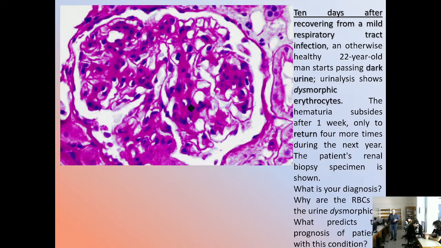This is one layer of epithelial cells, and the other one is the podocytes, which are located on the outer surface of the glomerular basement membrane. So this is the extracapillary compartment of the glomerulus. When we see many cells there, of epithelial origin, we identify crescent formation.